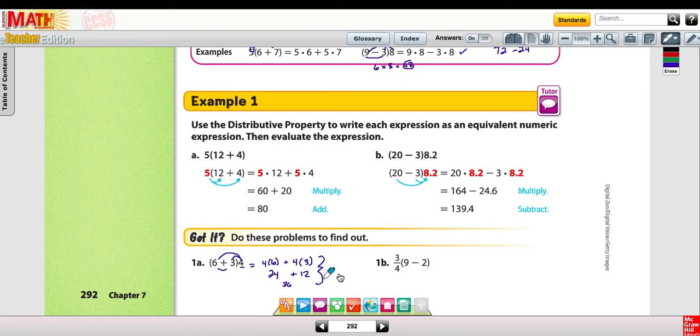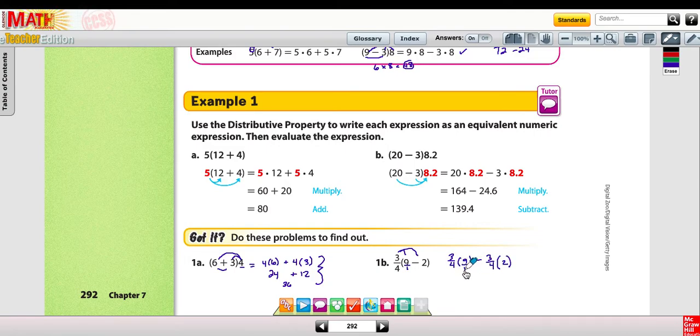Again, the same answer we got by using the order of operations, but in this case we are wanting to write out those steps. On 1b, we're going to distribute the 3/4 to the 9 and the 2. Don't let these scare you here. Sometimes those fractions throw people off. So 3/4 times 9, and then 3/4 times 2.